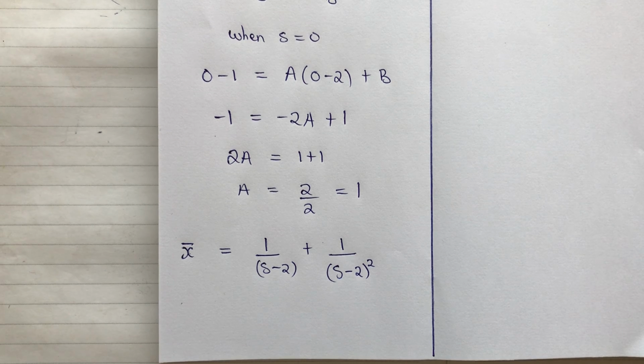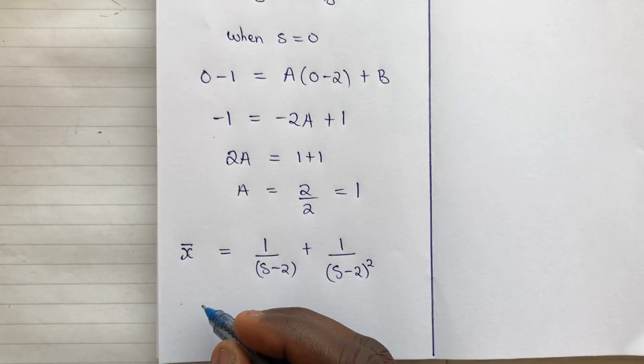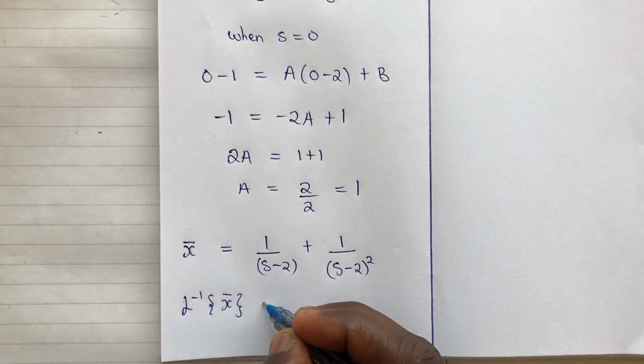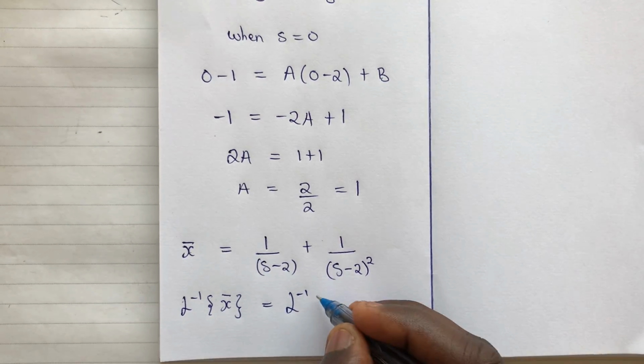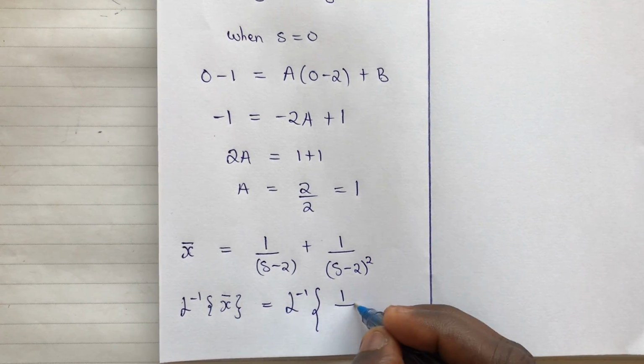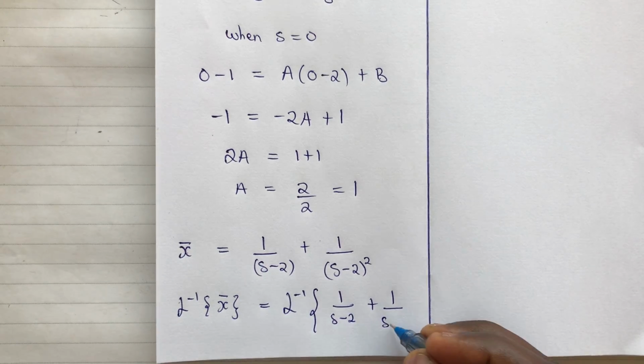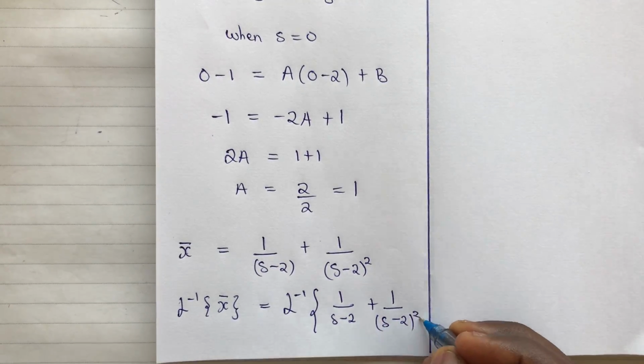X. To do that, you need to find the Laplace inverse of this result. So the Laplace inverse of x bar will give us x. What will be the Laplace inverse of this one? Let's find out. So we take the Laplace inverse of x bar, giving us the Laplace inverse of 1 over s minus 2 plus 1 over s minus 2 all squared.